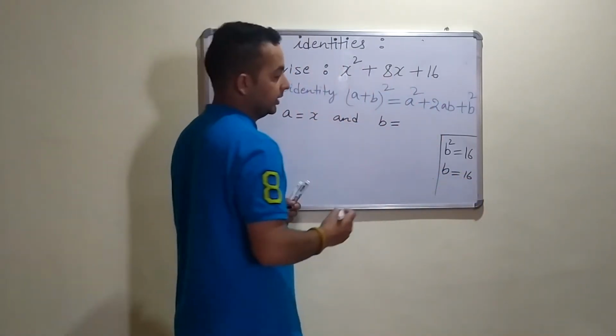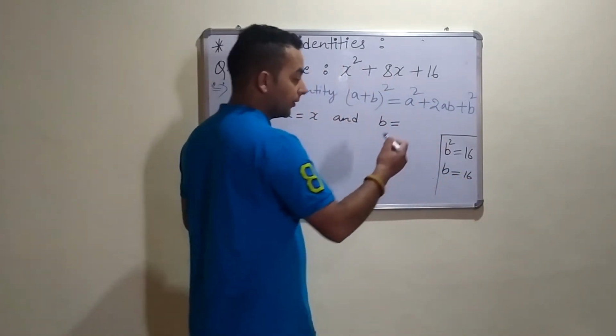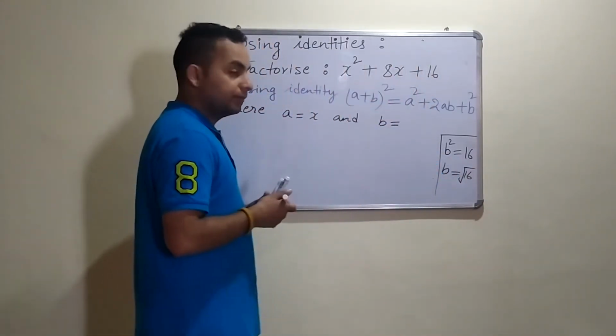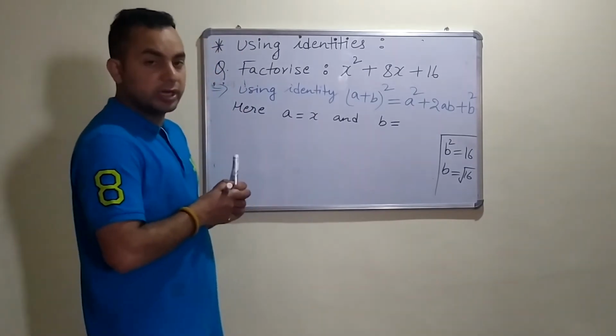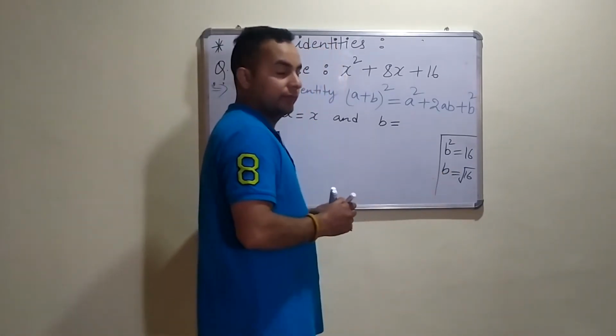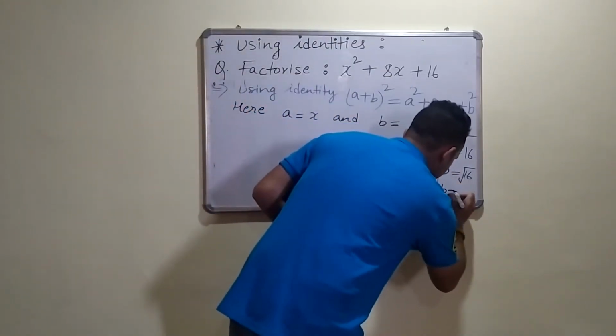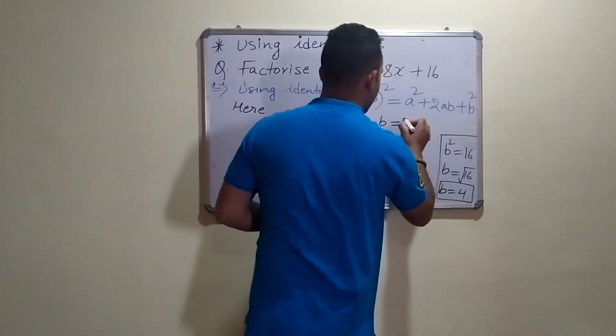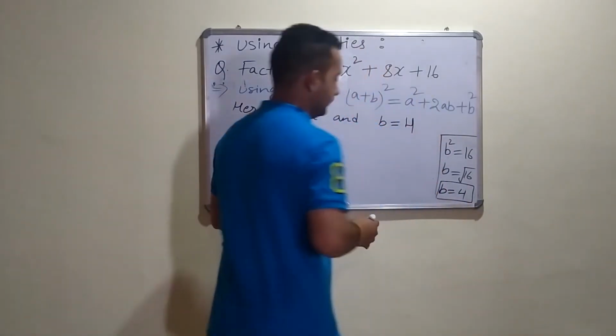When the square shifts from left to right, it becomes the square root of 16. In the chapter on squares and square roots, we learned the square root of 16 is 4. So the value of b is 4.